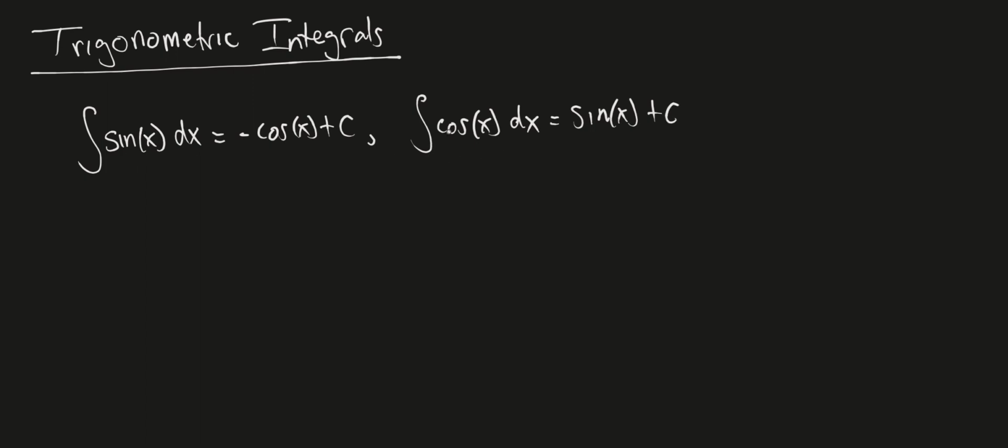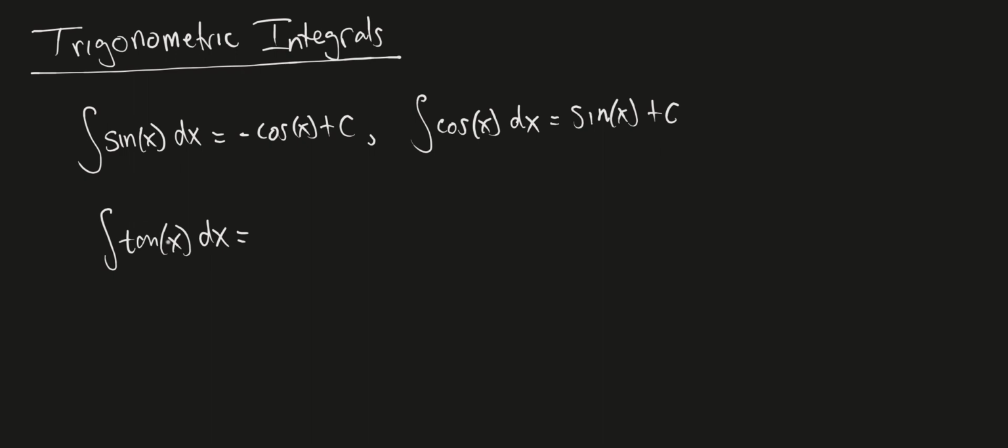So of the 6 basic trigonometric functions, we have antiderivatives for 2 of them. Now, what does it look like when we integrate tangent? Let's see if we can figure this out. What do we know about tangent?